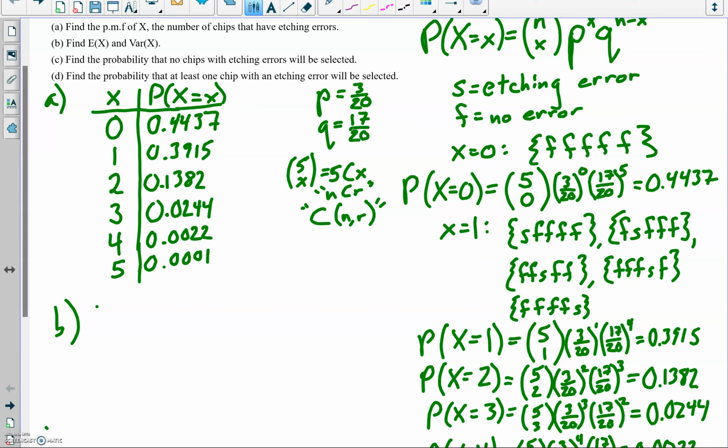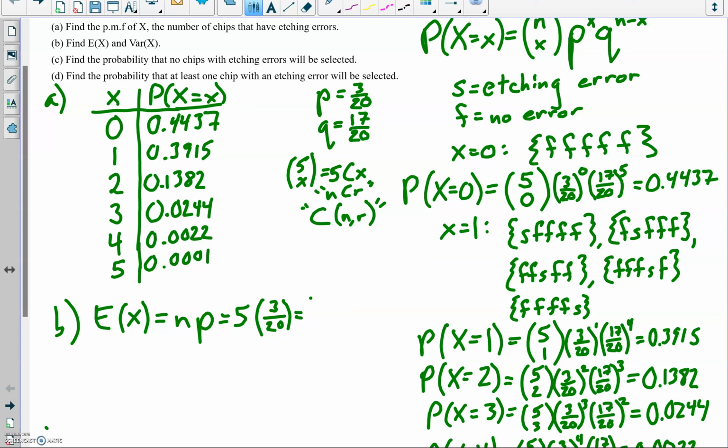Since this is a binomial model, what they have given us, then the n times p is just your expected value of successfully picking an etching error, the number that you would expect to see. And in this case, the n is 5. The probability is 3 out of 20.